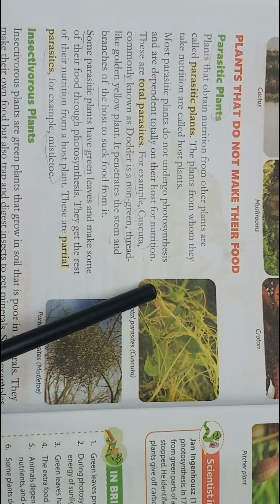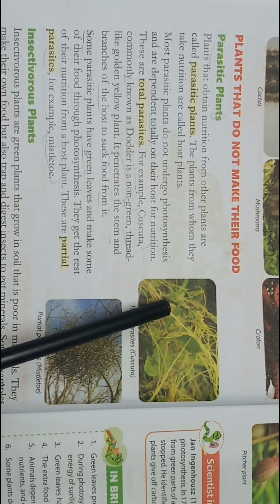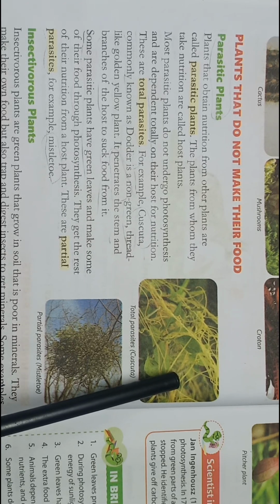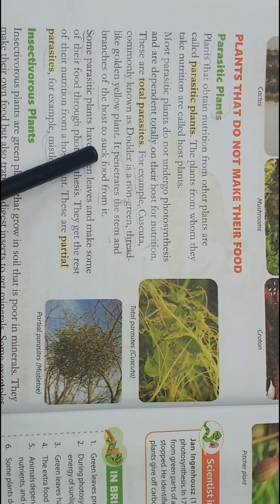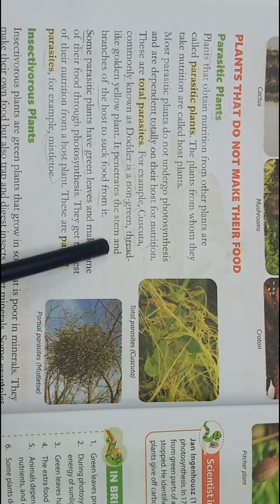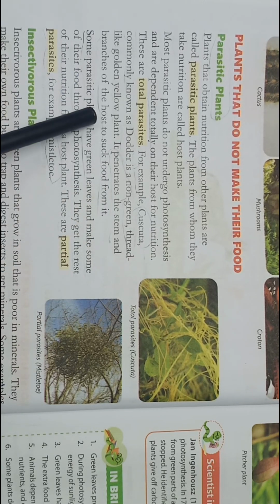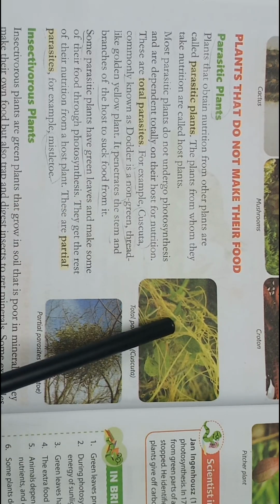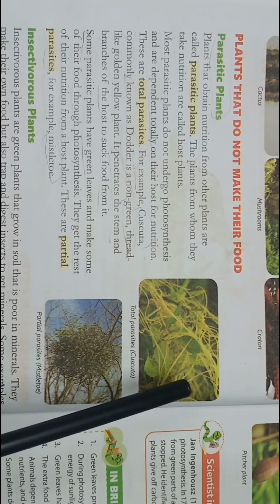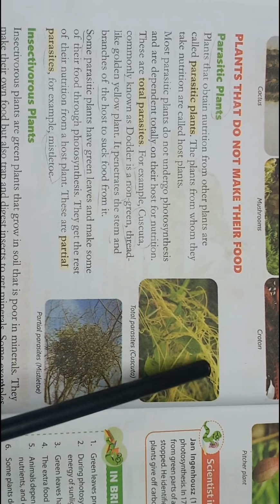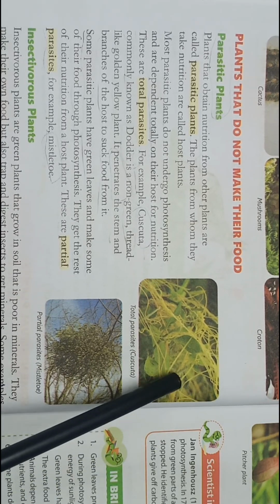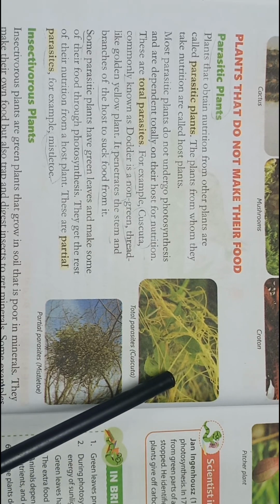Cuscuta, like other total parasites, cannot perform photosynthesis. It penetrates the stem and branches of the host plant so it can suck nutrients from the host plant.